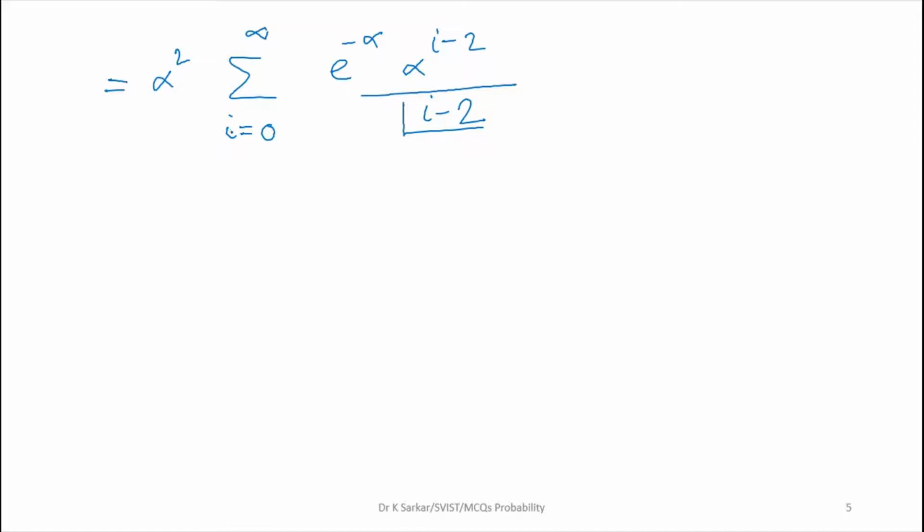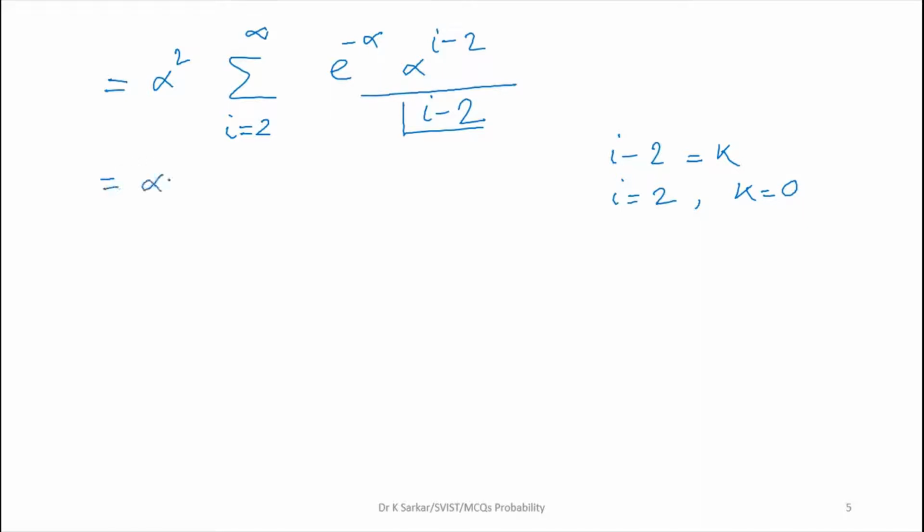If i starts from 0, then you see here this factorial becomes negative, so we cannot take i as 0. So i will start from 2. Now let us take i minus 2 as k. When i equals 2, k is 0.